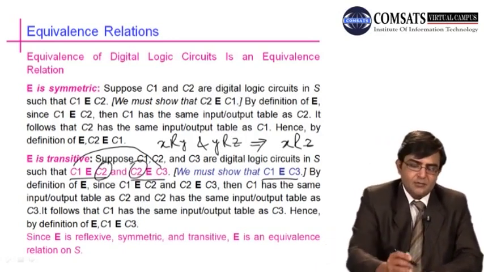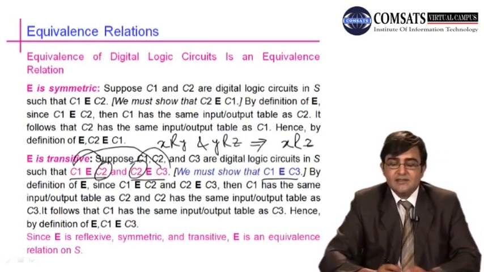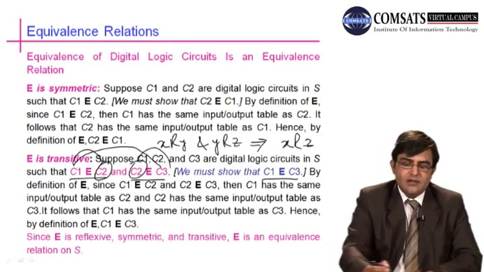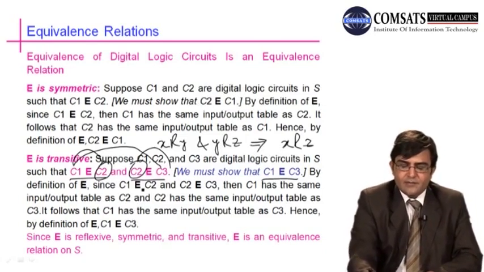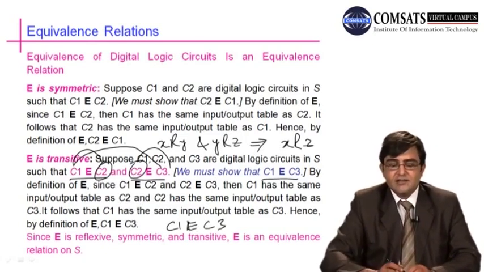So C1 is related to C3. So this relation is also transitive.